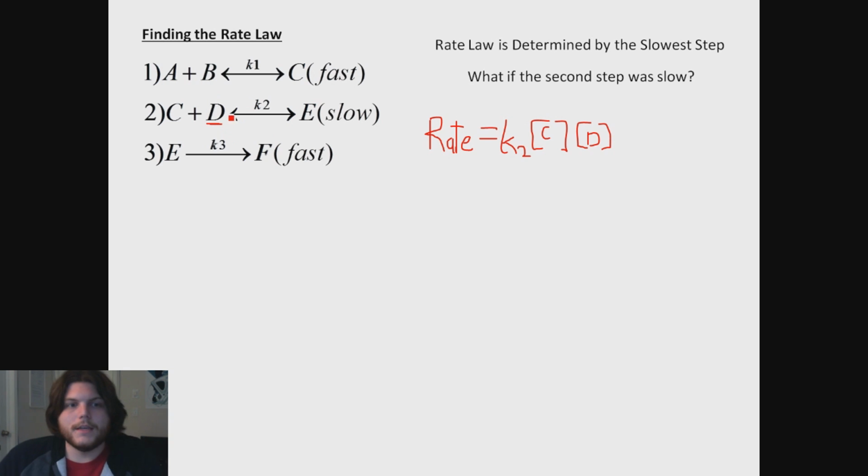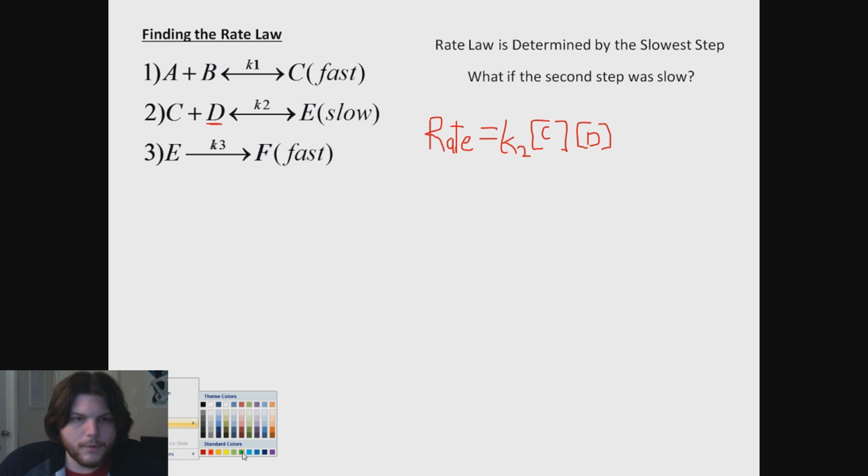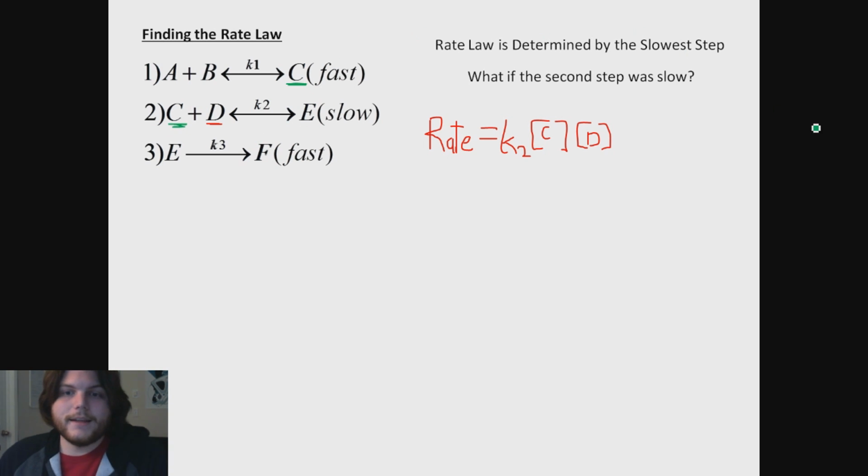But what is C? Well, C, if you'll notice, is both a product in step 1 and a reactant in step 2, which makes C an intermediate. Since C is an intermediate, we cannot have it in the rate law.